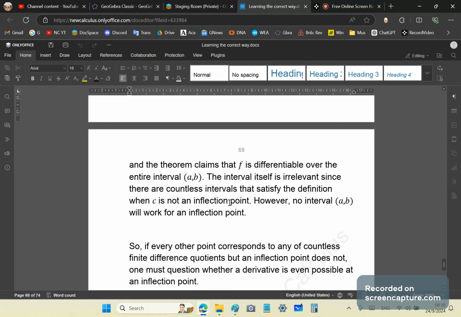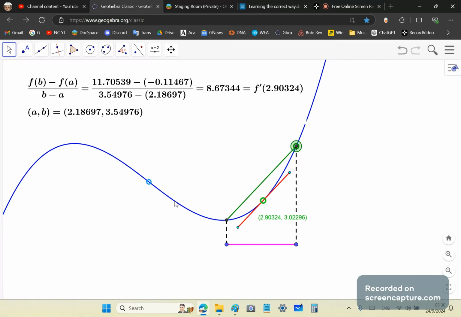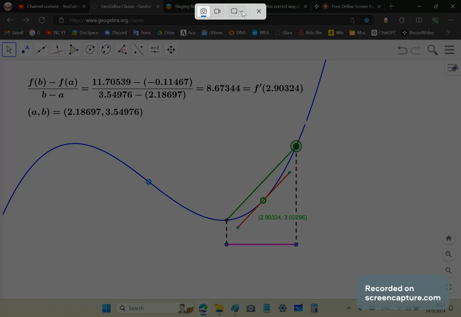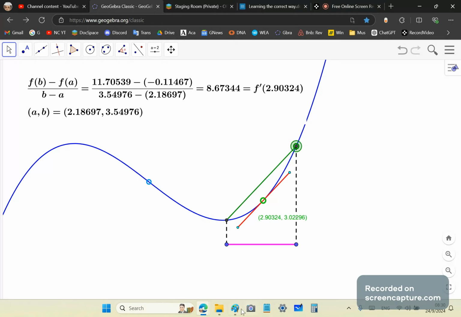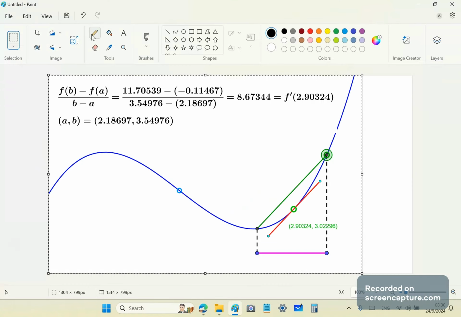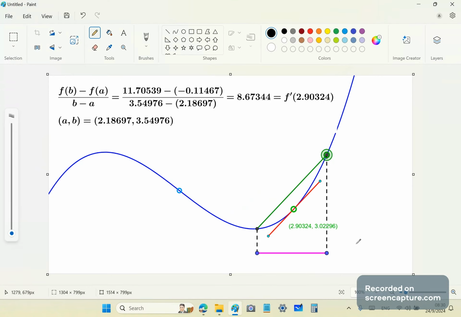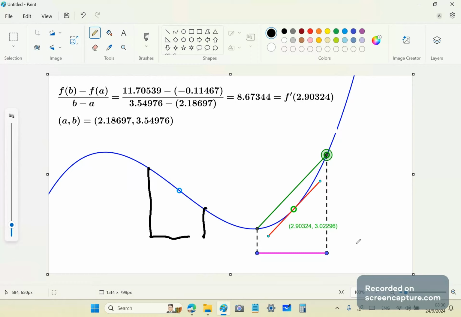The thing is, there is no interval AB that will work for an inflection point. What does that mean? Let's take a little shot of this and I'll explain it to you. So, pay careful attention. That means that if you placed an interval there, let's make this slightly bigger, it doesn't matter which interval you have, like I just showed you, look carefully.